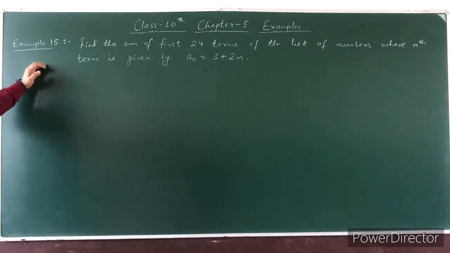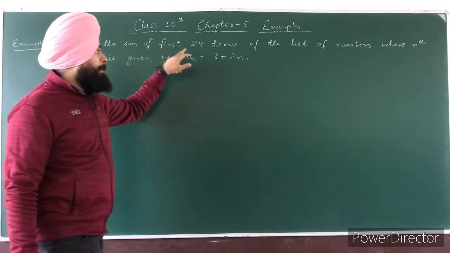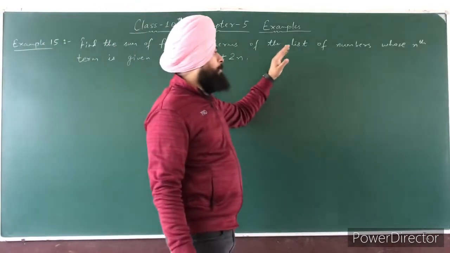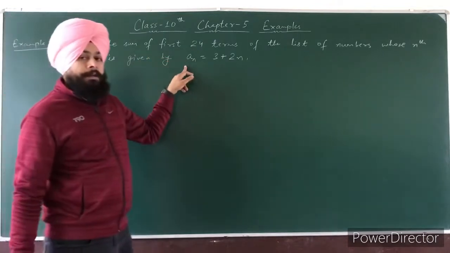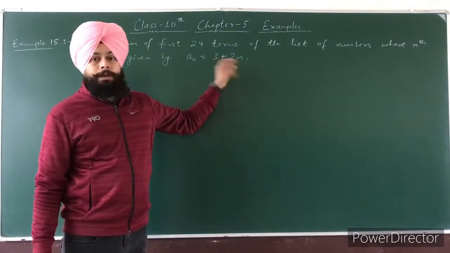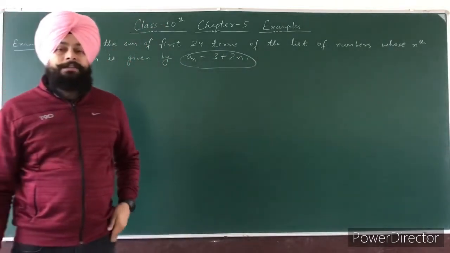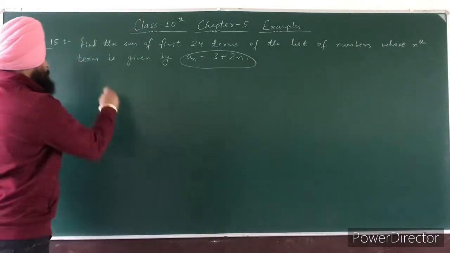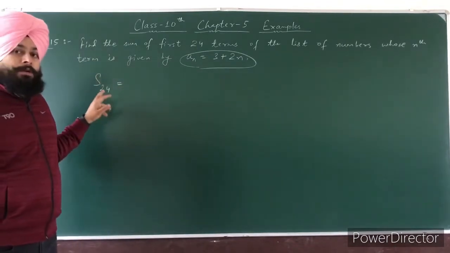Now see the next example, number 15. Find the sum of the first 24 terms of the list of numbers whose nth term is given by an is equal to 3 plus 2n. In this question you have to find the sum of the first 24 terms, which means you will find S24.